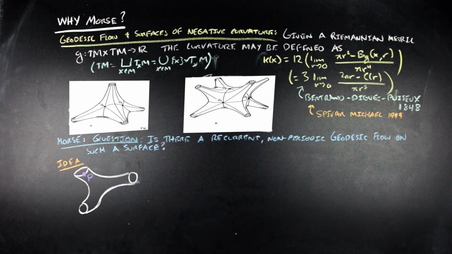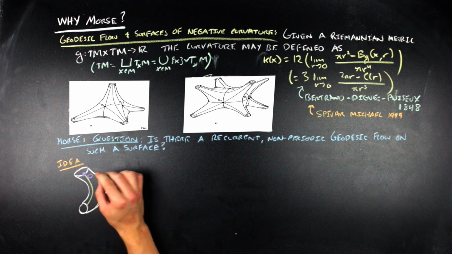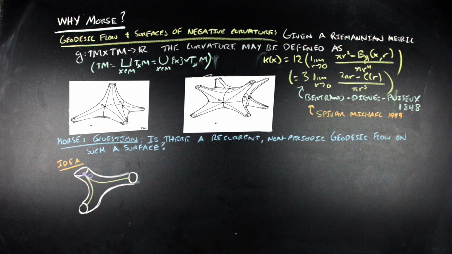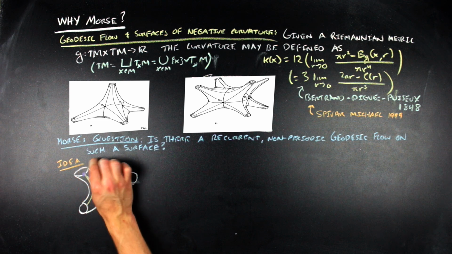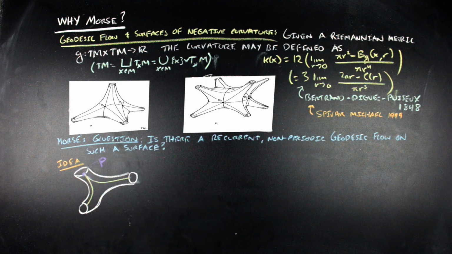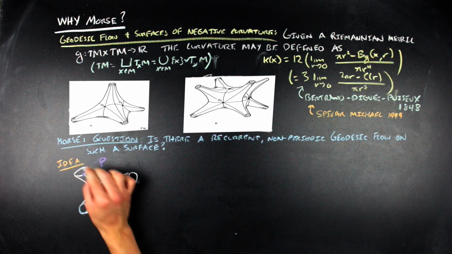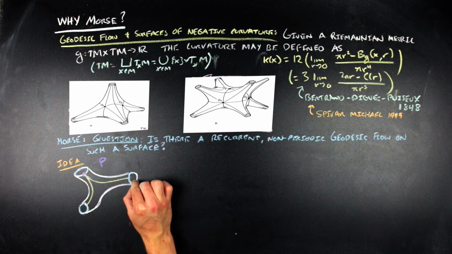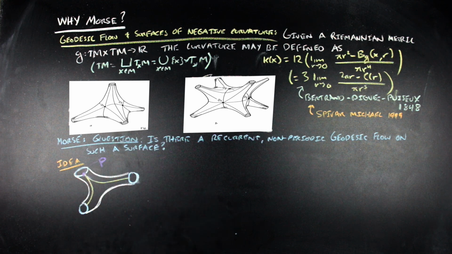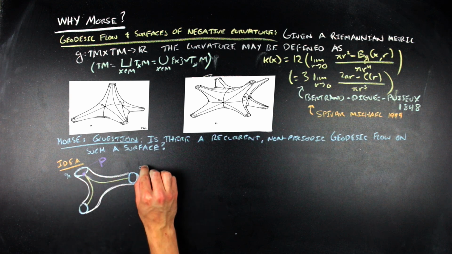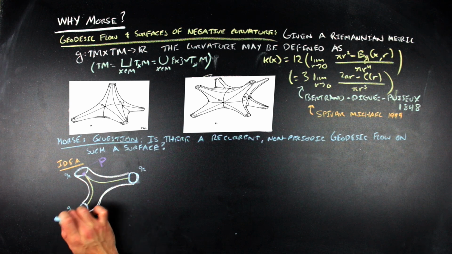And to do this surgery, you pick a point P on one of those bounding geodesics, and you draw a geodesic from that point to the other bounding geodesics, such that the geodesics you draw are non-intersecting except at the point P you originally had.